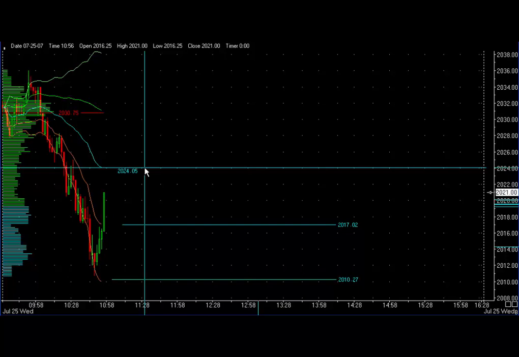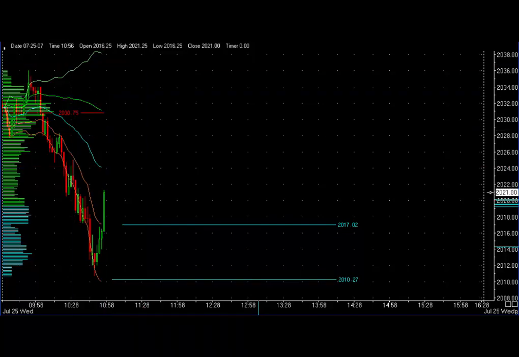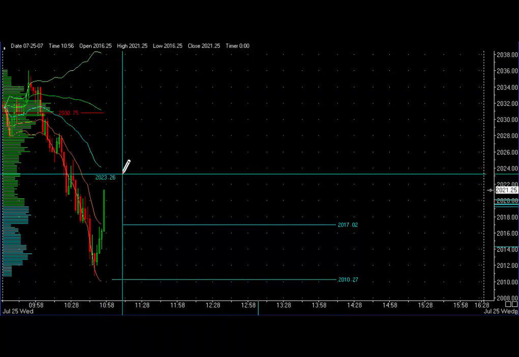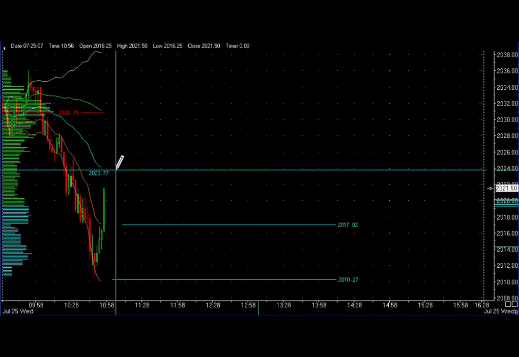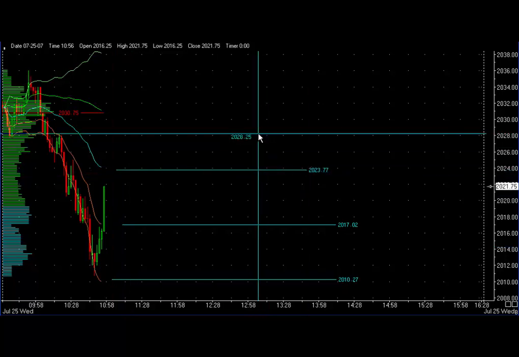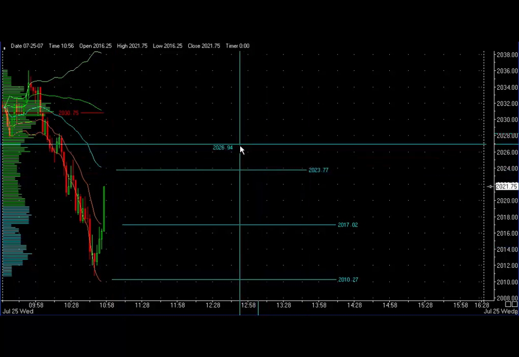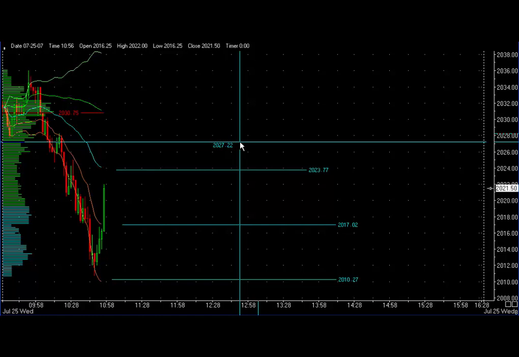What he'll do if the price reaches the VWAP is he will short again, enter with a second contract, and that should be around 2023.75. That would be a good place to try this.